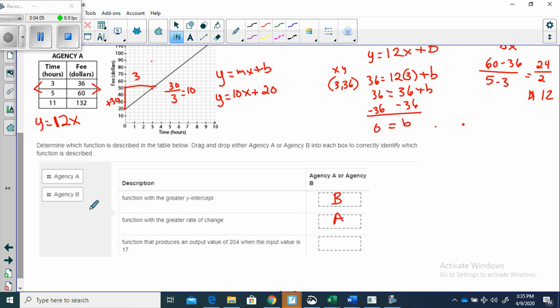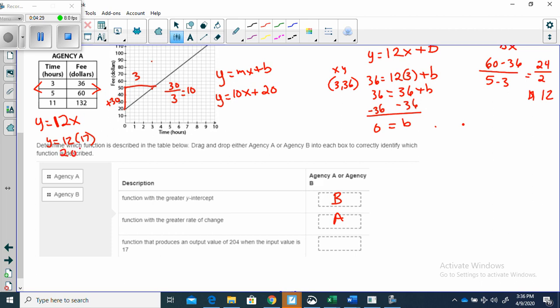Okay, which function produces an output value of 204 when the input value is 17? So let's put in 17. Y is equal to 12 times 17. And if we do 12 times 17 on our calculator, we get 204. That one right there will do it.